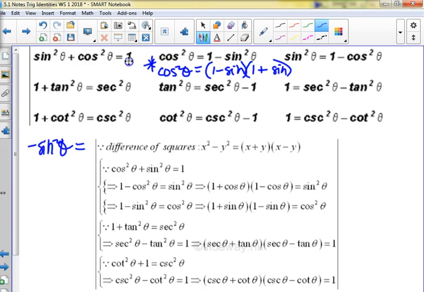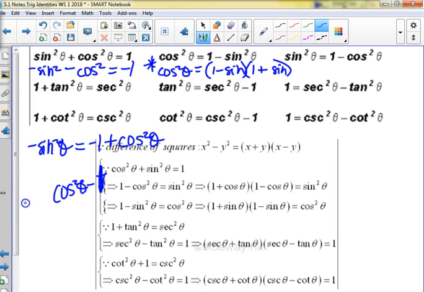How could I rearrange this so it said negative sine squared? Well, I could change all the signs, right? And then if I wanted to get that by itself, I could move that over there and I'd have this, or even cosine squared minus 1 would be equal to a negative sine squared, okay? So I'm just trying to show you that those three basic ones can be written a bazillion different ways, yes? At least a bazillion.